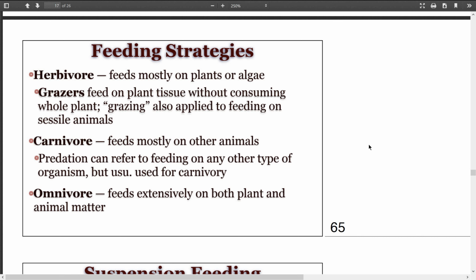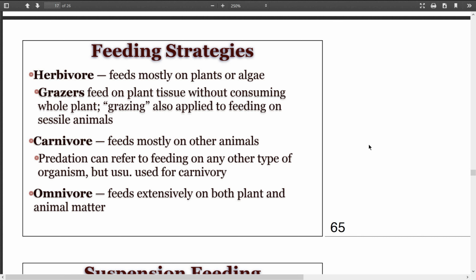One common type of herbivore are grazers. Grazers are animals that feed on plant or algae tissue without consuming a whole organism, without consuming a whole plant or algae. We actually apply that term also to certain kinds of carnivores that might be feeding on sessile animals.